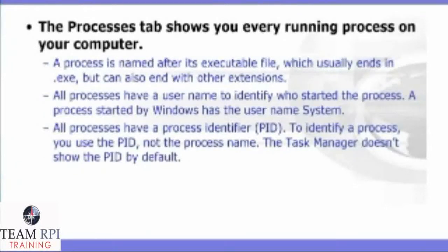All processes have what's called a process identifier, or a PID. To identify a process, you use the PID, not the process name. However, the Task Manager doesn't show the PID by default.